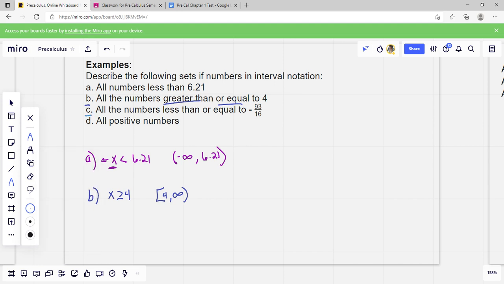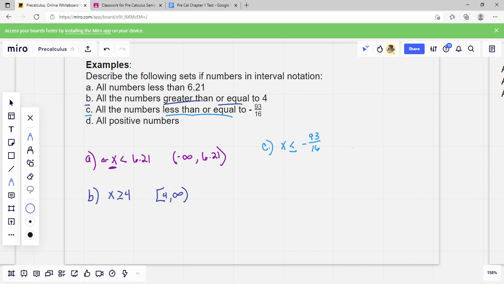For this one, we're going to do all the numbers less than or equal to -93/16. How we would write it the old way would have been x is less than or equal to negative 93 over 16.